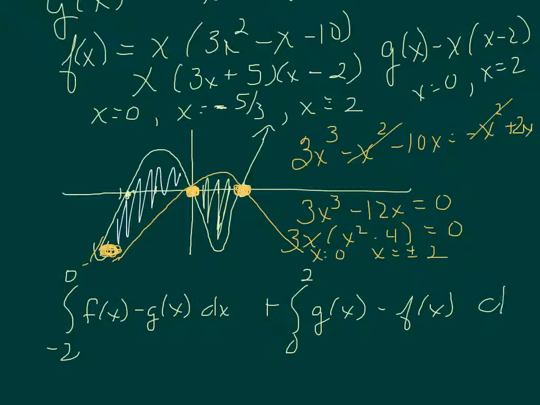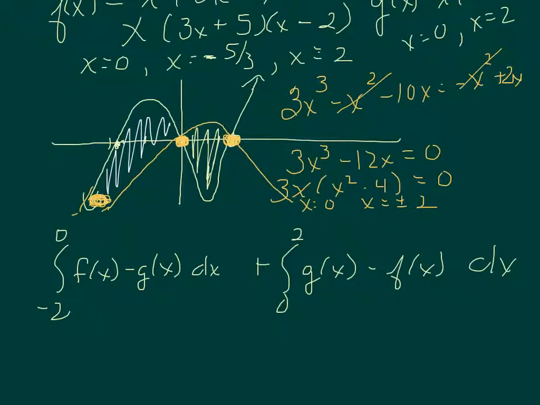If we don't do that in order, you'll get the wrong answer. If you go all the way from negative 2 to 2, it's going to be wrong. You have to look at where things switch. All right, so take a few minutes and let's see if you can get that.